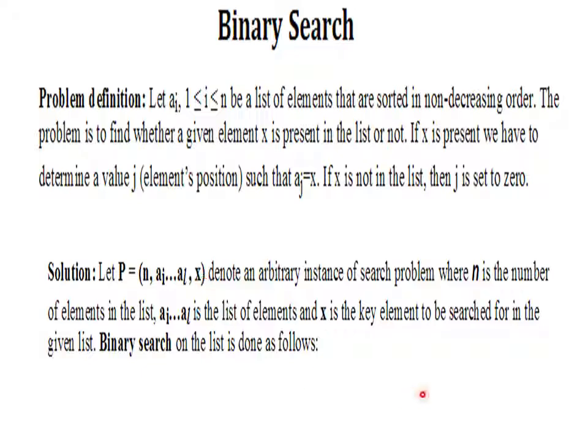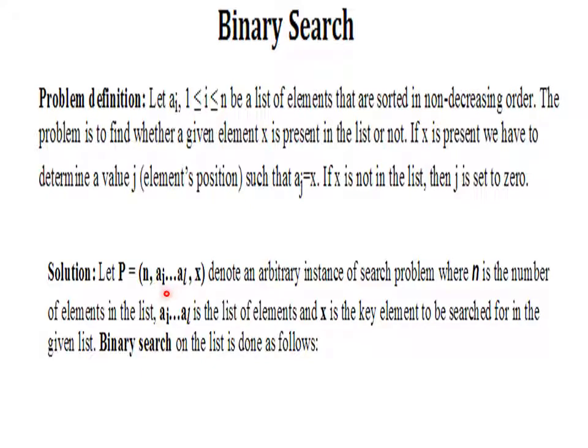Now, how to solve it? Now we come to the solution part. Let P equal to (n, Ai to Al, x), where n indicates the number of items in the list, Ai to Al indicates the items in the list, starting with Ai, the lower index value, and l indicates the higher index value, and x is the item we want to search in the list.